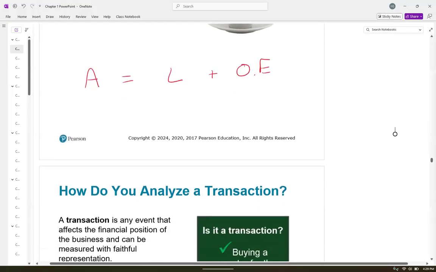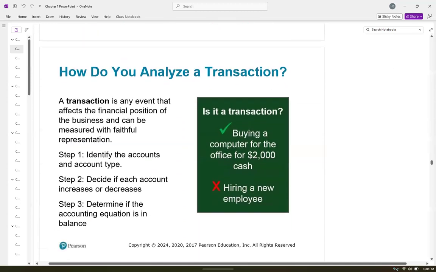So we have just a nice little example here. How do you analyze a transaction? They give us the first one: buying a computer for the office of $2,000 cash. Two things happened, right? We now have a computer, which is an asset, and we gave up $2,000, which was an asset. Just hiring an employee does not trigger a transaction.